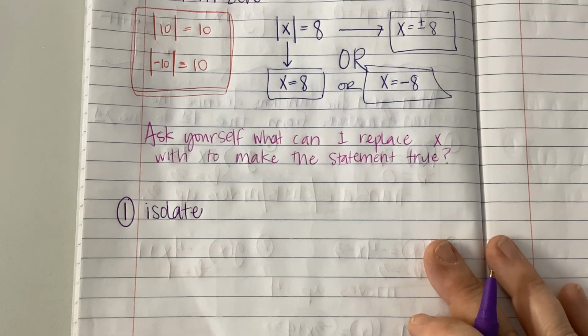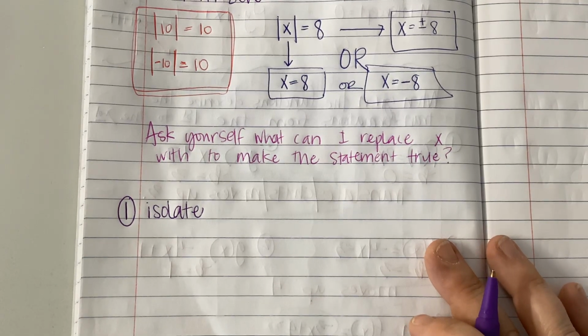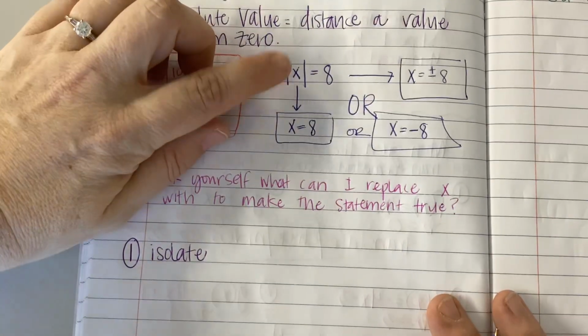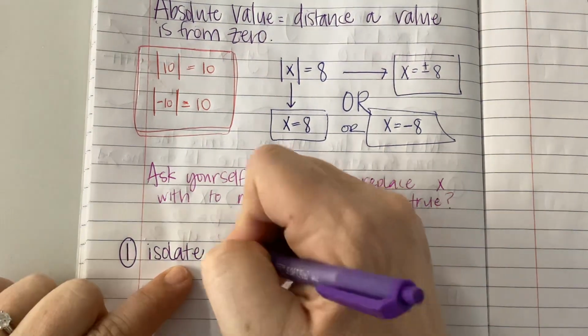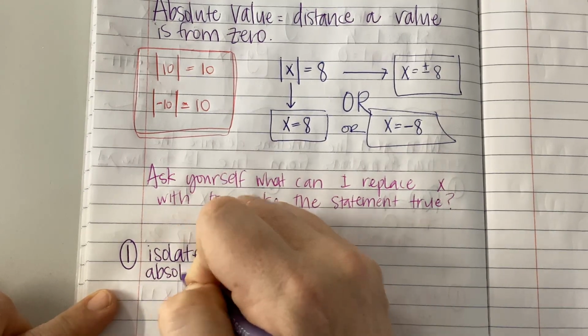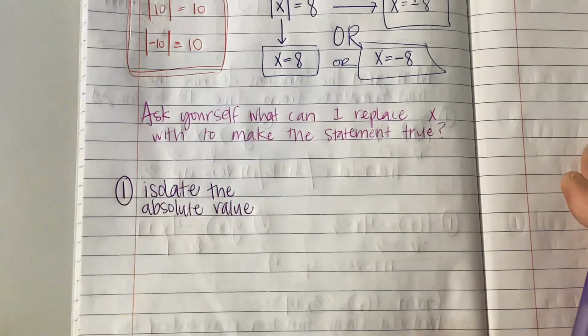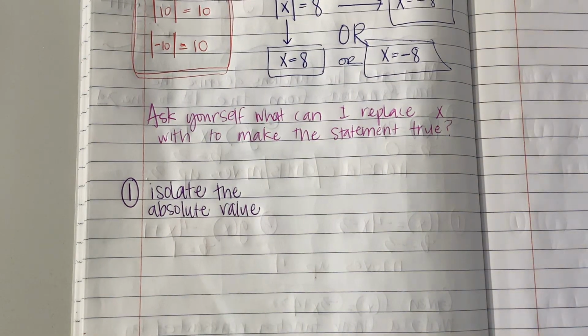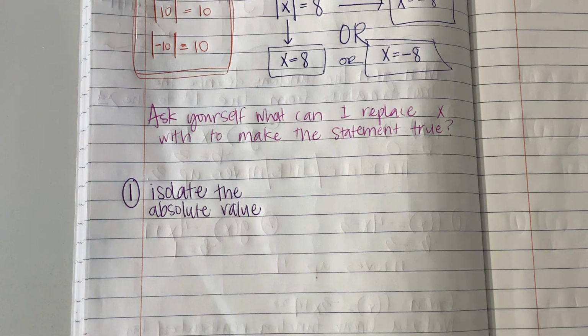But before I can do that, lots of times I have to distribute, or combine like terms. We treat absolute value brackets like they're grouping symbols. So we're going to isolate the absolute value. Sometimes that means I get rid of a coefficient first. I divide. Sometimes that means I subtract something first. But the goal is to get the absolute value all on its own on one side.